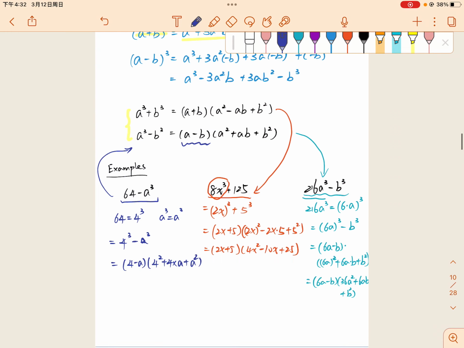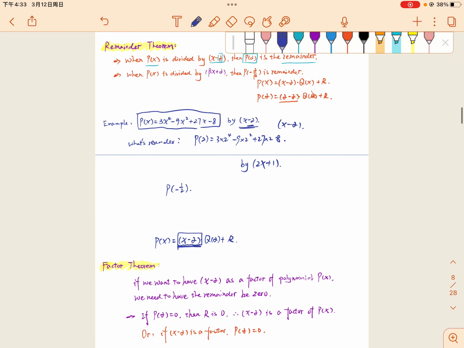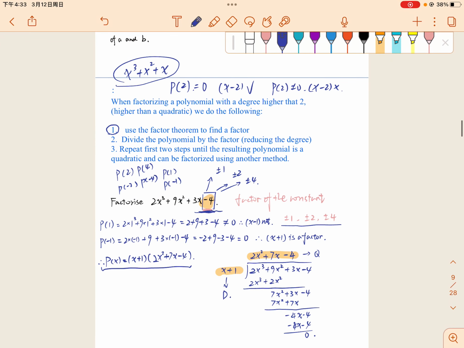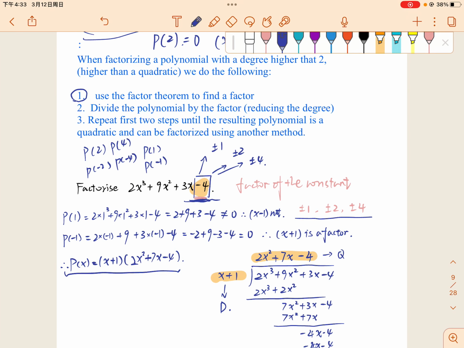So to sum up for our 4D section, when we try to factorize a polynomial with a degree higher than 2, we do the following. We use the factor theorem to find the factor. First, try to find an integer root using the factors of the constant number.